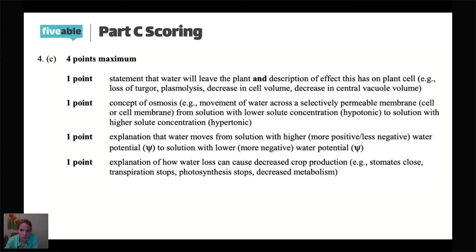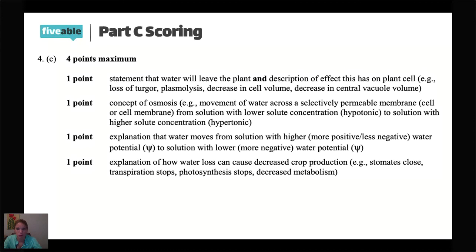So we're moving from low to high here. So we're kind of going backwards. And it's moving from more positive, which is higher. So that's going to be lower solute concentration. So if the solute concentration is high, the water potential is going to be low. So if solute concentration is high, water potential is low.